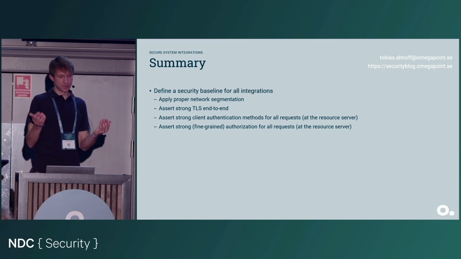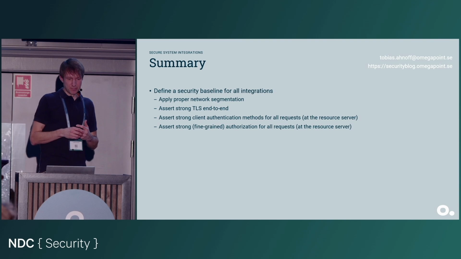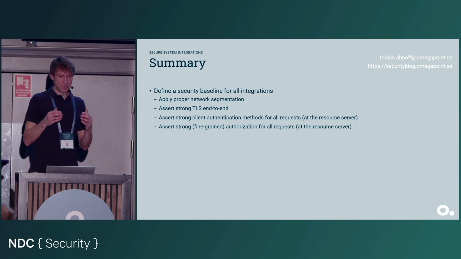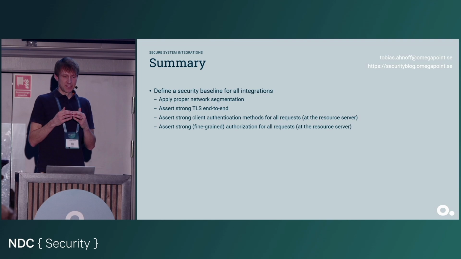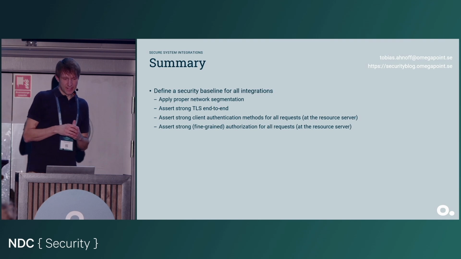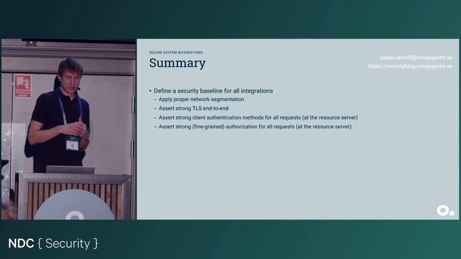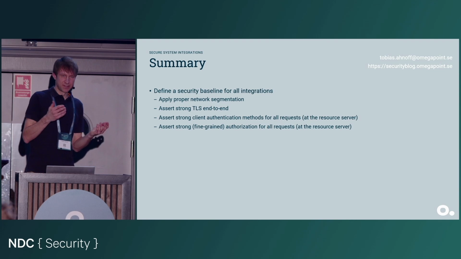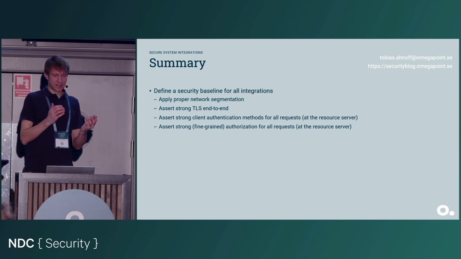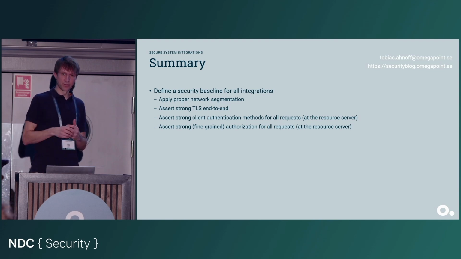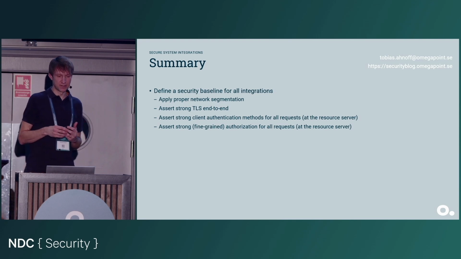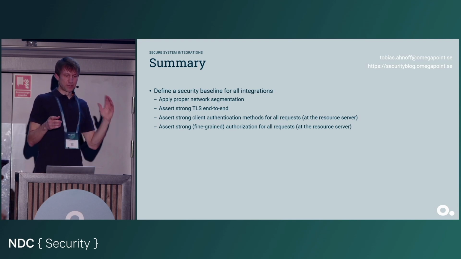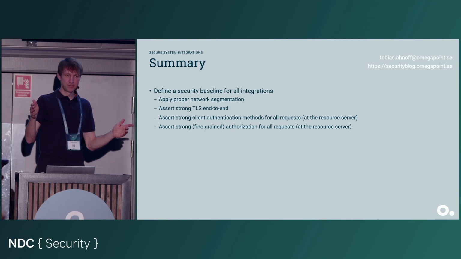Sometimes you can, sometimes you can't, but a lot of times maybe you don't need to expose integration endpoints for everybody on the internet, just for your integration partners. And assert strong transport layer security: understand where it's terminated and where it's re-encrypted, and how strong transport layer security you actually have, all the way from the client to the server.